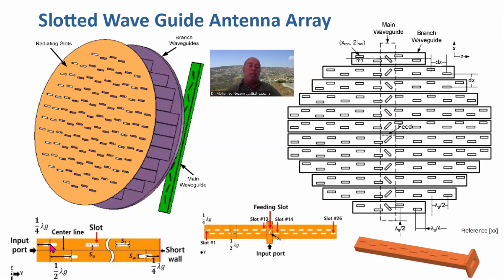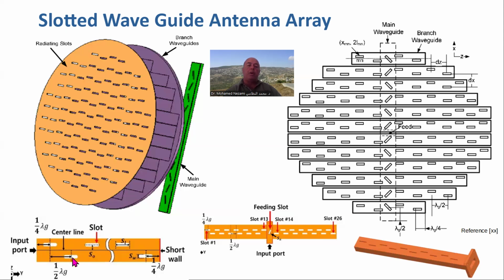But in any way, because of the currents on the surface of the waveguide, your first slot has to be placed at a quarter wavelength, waveguide wavelength, that is, from the center of it. And then you basically place every half wavelength another slot, and you alternate them from the center of the broad wall.